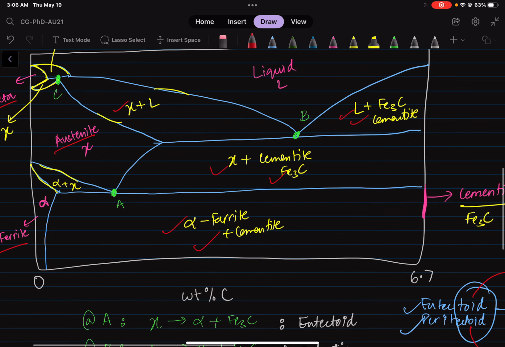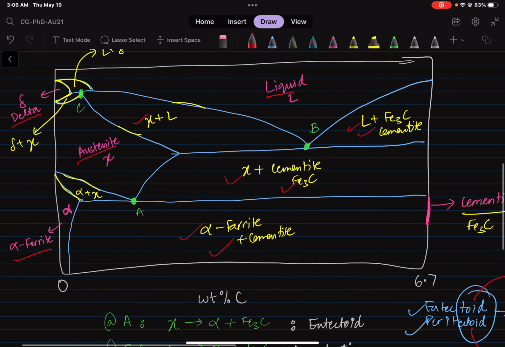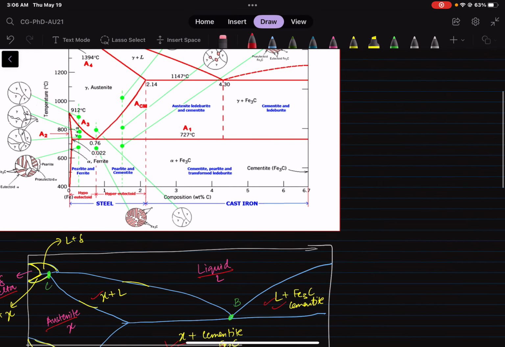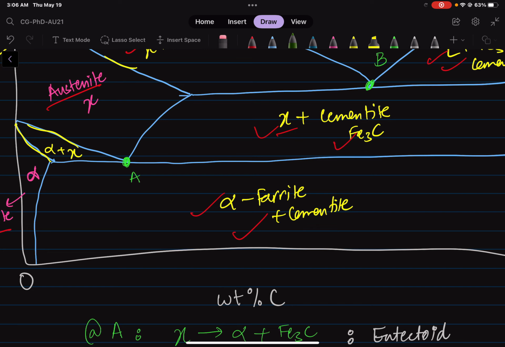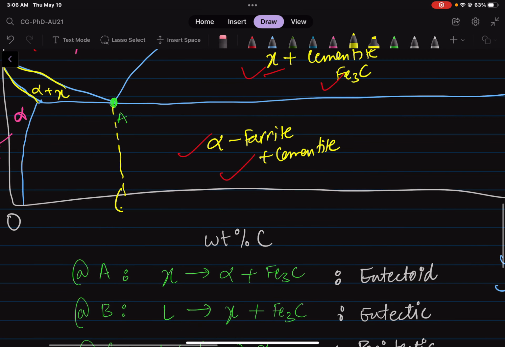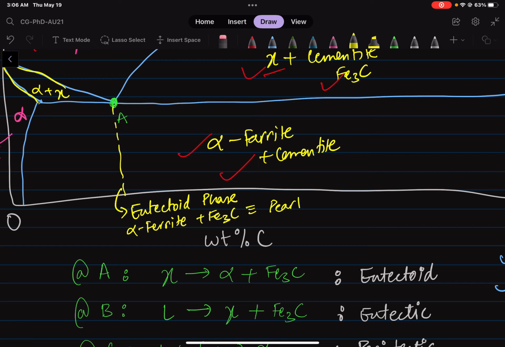Their common names: alpha ferrite, austenite, cementite, liquid, gamma, delta. And then if you want to label some of the special common names, the eutectoid phase, which is basically alpha ferrite plus cementite, is referred to as pearlite.